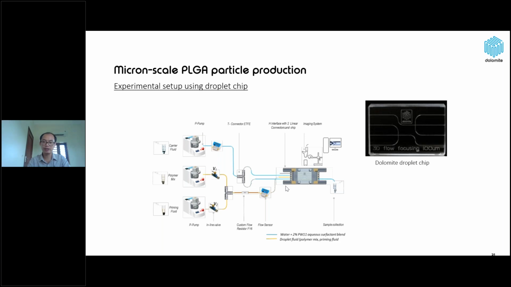The 3-inlet flow focusing droplet chip will be used for this application. It allows us to generate droplets from 60 to 100 micrometers.